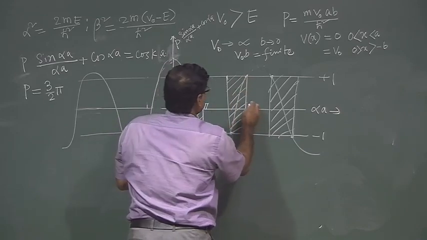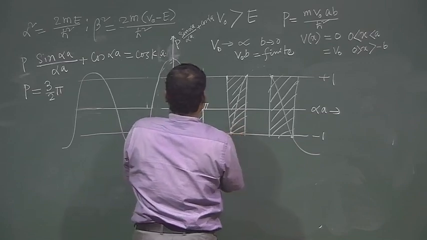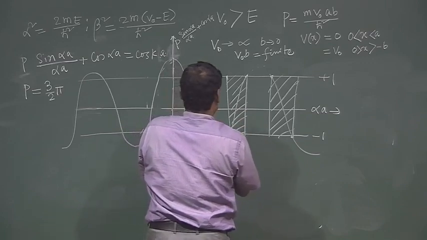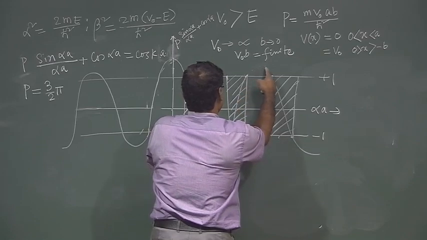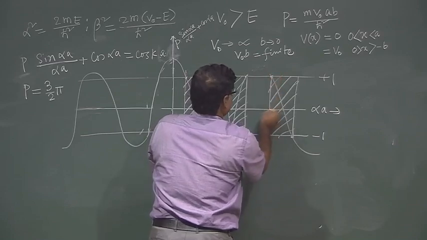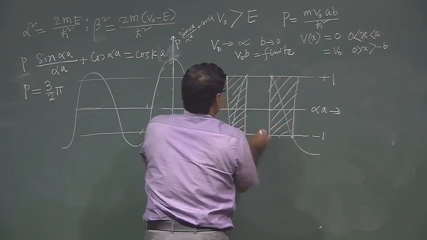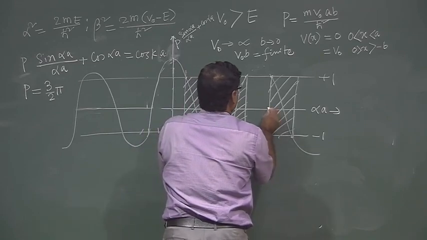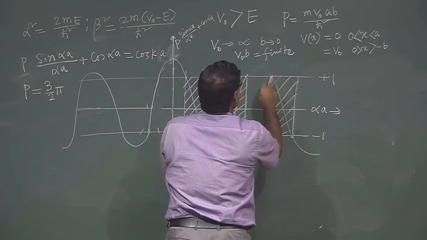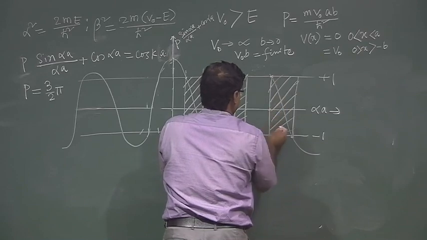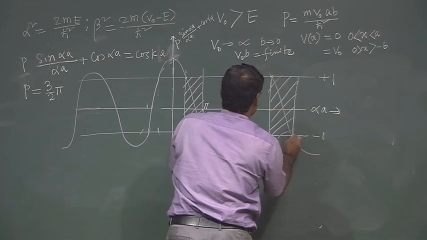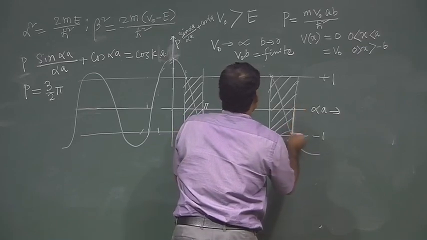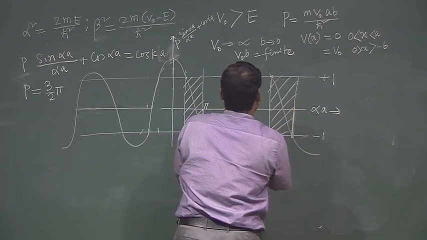So, pi, 2 pi, where is pi, this is pi, then it is going and this coming, it will be plus 1, for 2 pi it will be plus 1.